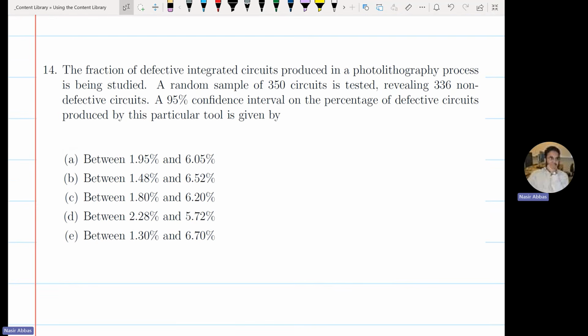Last question. The fraction of defective integrated circuits produced. Fraction is proportion. A random sample of size N is 350 is tested, revealing 336 non-defective.